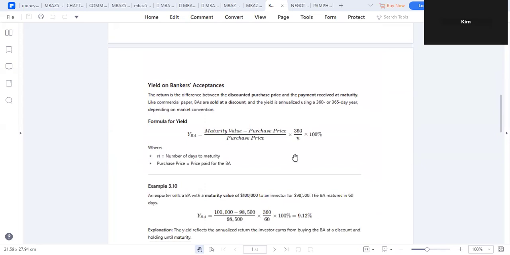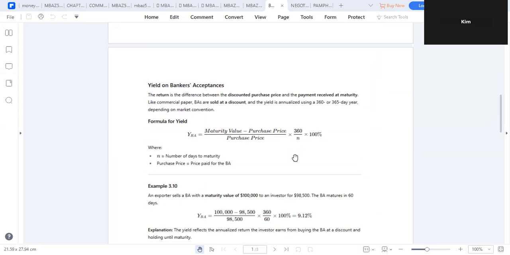To compute the yield on the banker's acceptance, it's the difference between the discounted purchase price and the payment received at maturity. Like commercial paper, banker's acceptance is sold at a discount and annualized using a 360 or 365-day period as our base.